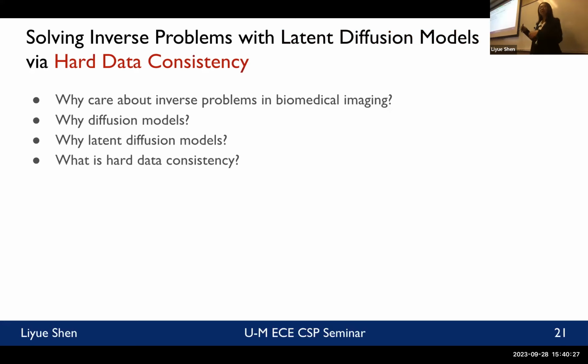And we call it hard data consistency to make it a reliable data consistency that works pretty well with latent diffusion. So this will be the main outline for this talk. And I hope after this talk, you will also have the answer to this question. And I will get back to this at the end to reinforce.